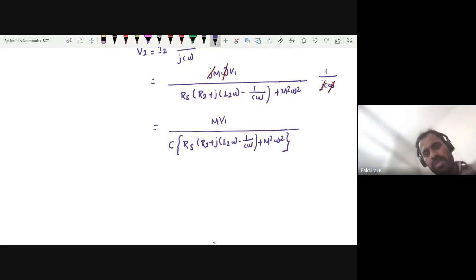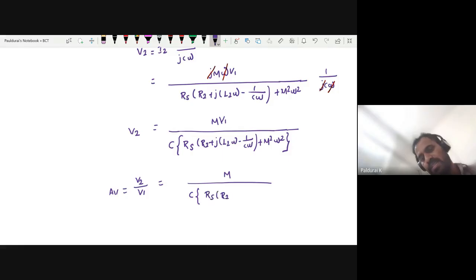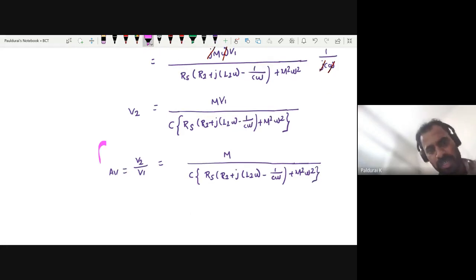So this is my V2. I'm looking for the voltage gain, that is my required voltage gain V2 by V1. So obviously it becomes m divided by c times Rs into R2 plus j L2 omega minus 1 by c omega plus m squared omega squared. So this is my required voltage gain.